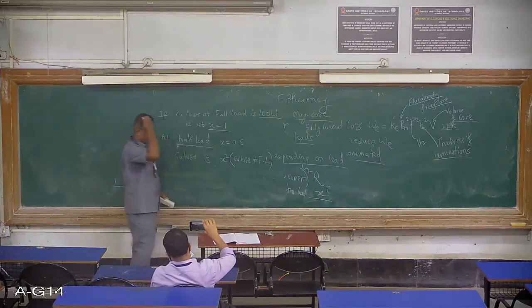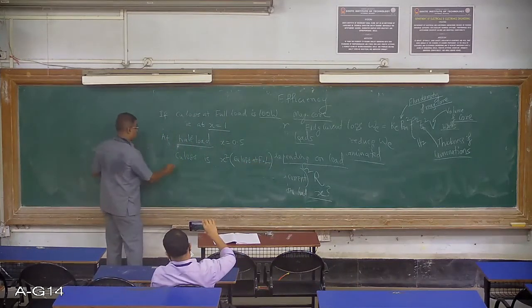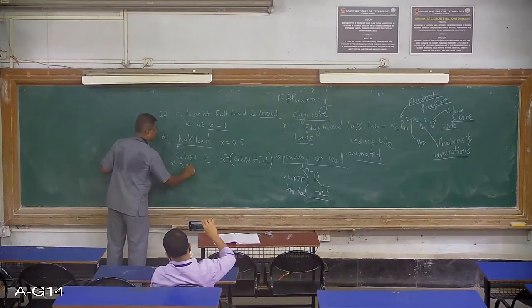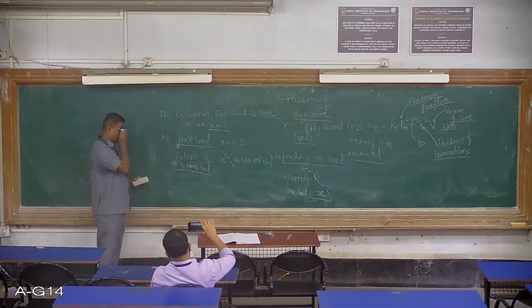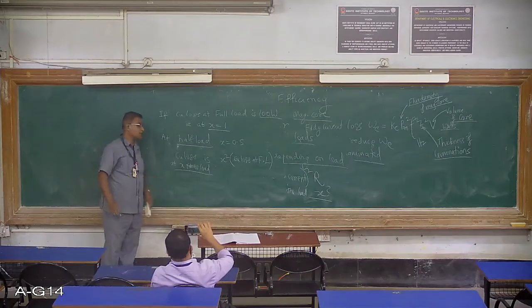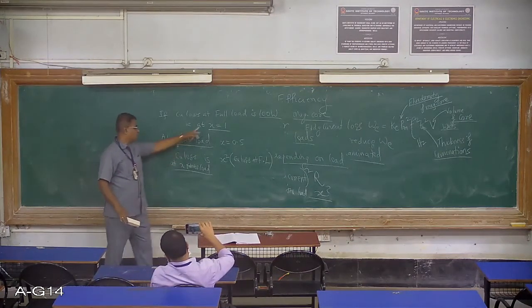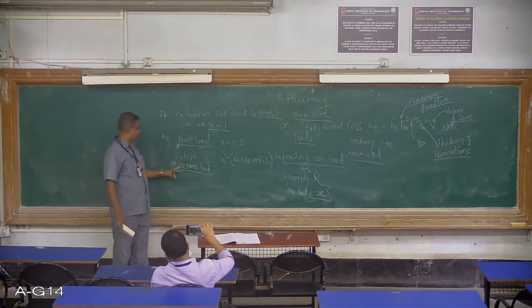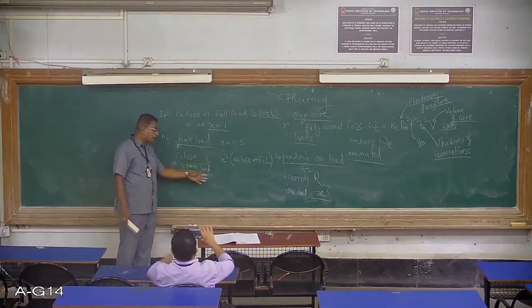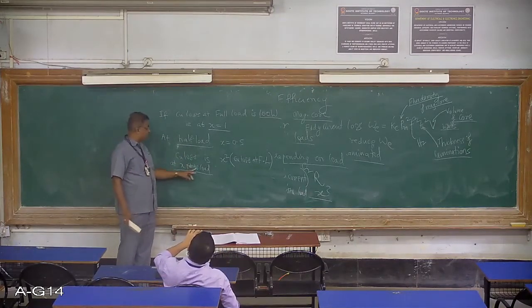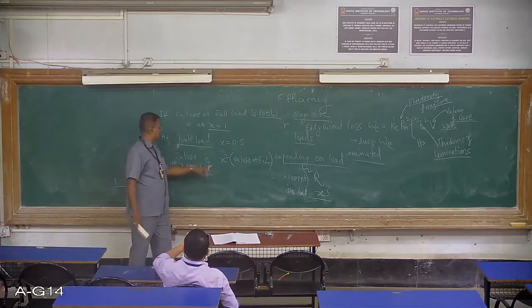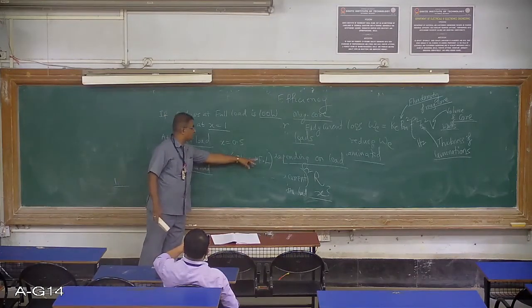Please understand, copper loss at x times load: if x is 1, it is full load; x equal to 0.5 is half load; x equal to 0.25 is 1/4 load, and so on. So copper loss at x times load in general is x squared times the copper loss at full load.